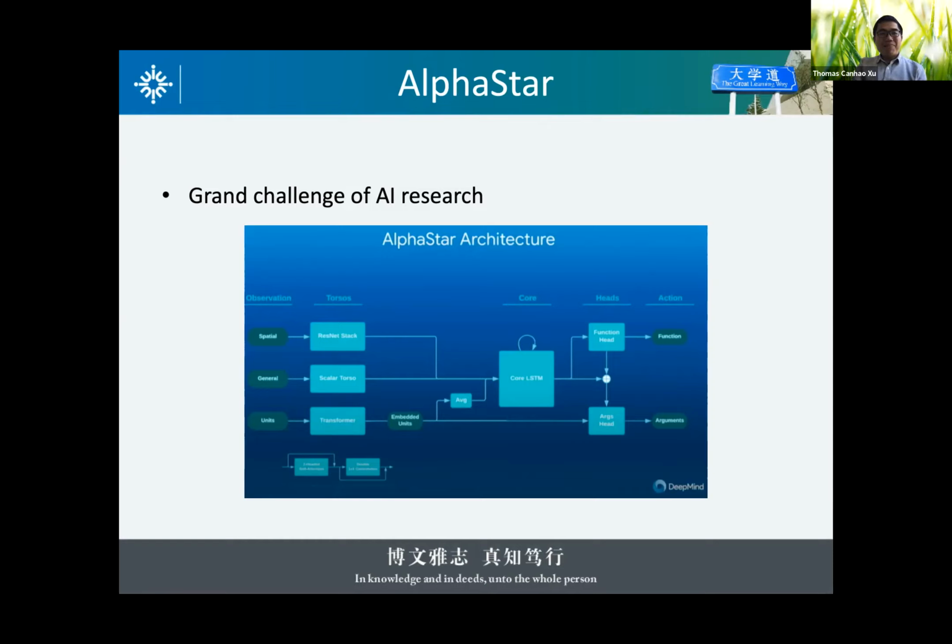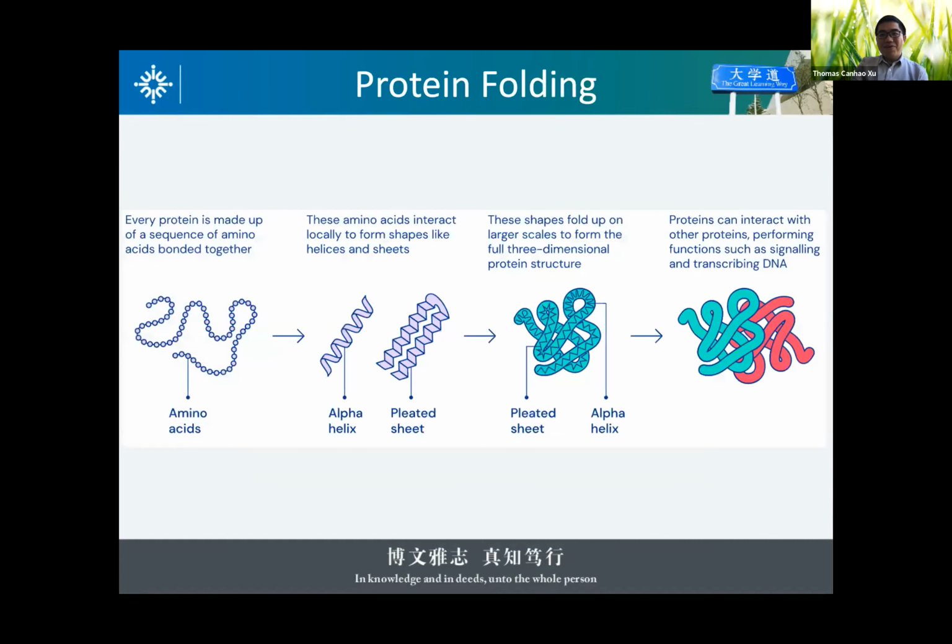This is another of their works by DeepMind. What they have been doing recently is protein folding. I think some of you have heard about it. We have the protein folding problem: if we give you a segment of the protein, you have to predict what kind of folding it will be.